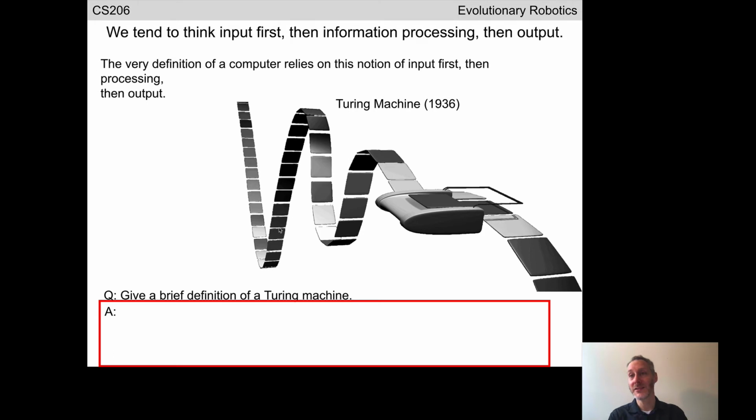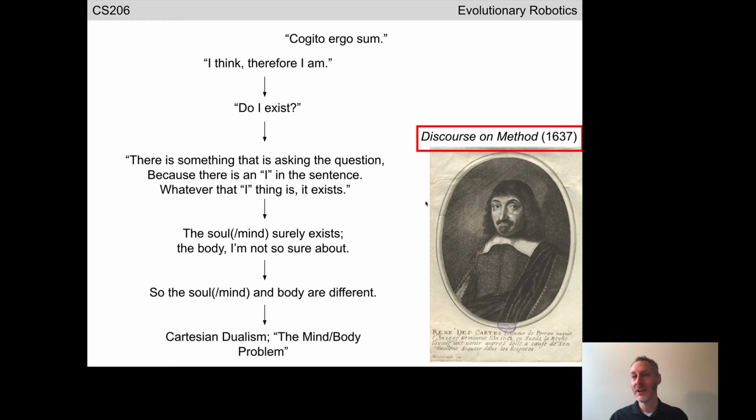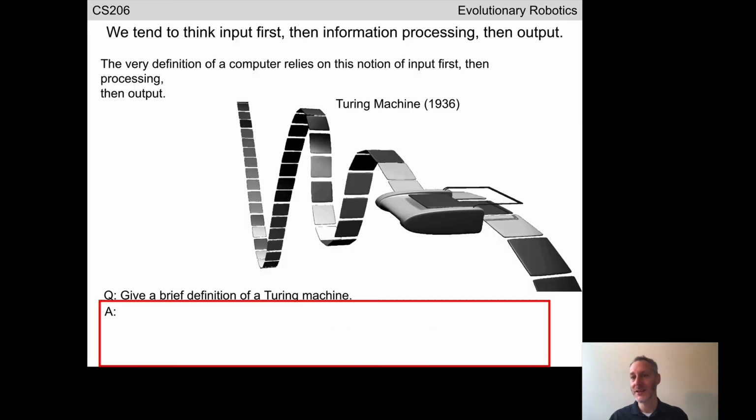Moves left or right. Yes, exactly. So one of the interesting things about a Turing machine, which became physical computers, is this notion of movement right from the beginning. You can almost think of this little Turing machine as having a body that moves left and right, which is kind of interesting. Comes back to this idea of Cartesian dualism.